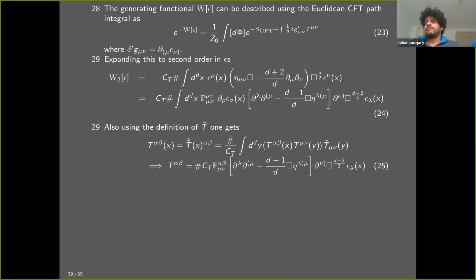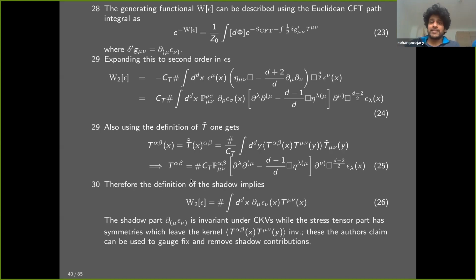You can use the definition of T tilde to rewrite this W2 in a much more illuminating manner. I do not know why I put this slide over here. I can't explain anything of this. Sorry. It basically says that the effective action for epsilons can be written in a concise manner in this form, and this is the work by Anous, Haehl, Vitouladitis, and Rosali.